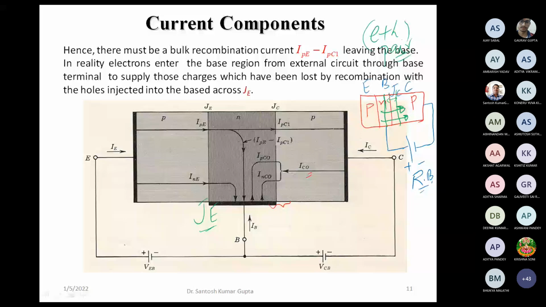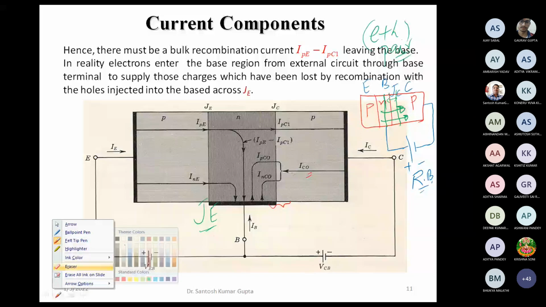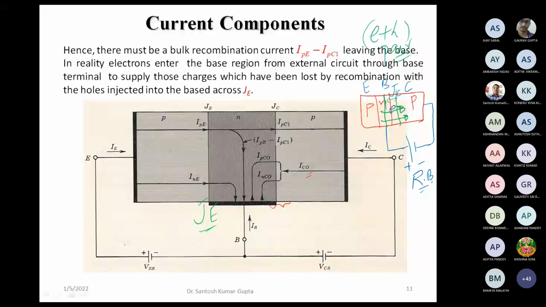But it is possible at the collector junction, which is reverse biased. So electron hole pairs may be generated. As soon as they are generated, what will happen to them? Holes will move in the direction of the electric field, and electrons will move in the opposite direction. These will form a current here.